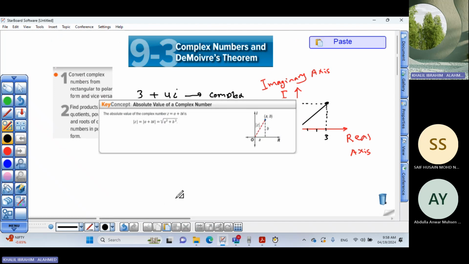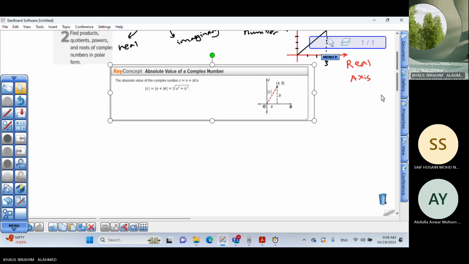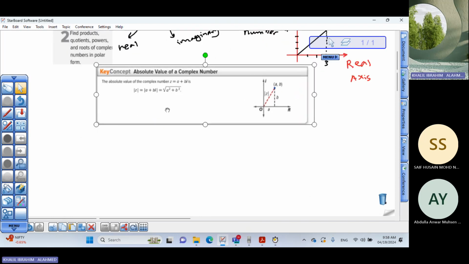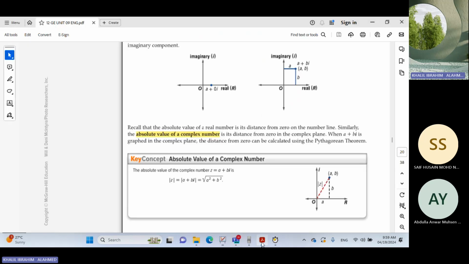You can use this formula, the same as finding the magnitude of a vector. Because this is z, as you see here, z in absolute value, where z equals a plus bi, a complex number. We take the real component squared plus the imaginary component squared. That's it. It's easy. For example, I will give you an example.